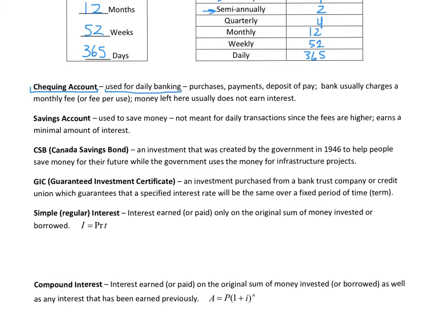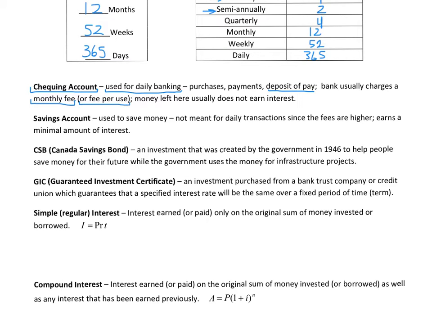So anytime you make a debit purchase with your phone app or with your debit card, if you make a payment towards a bill, if you get money deposited for pay, it usually goes into your regular daily checking account. Your bank usually charges a monthly fee, so you might get a particular fee per month, or you could get a fee per use.